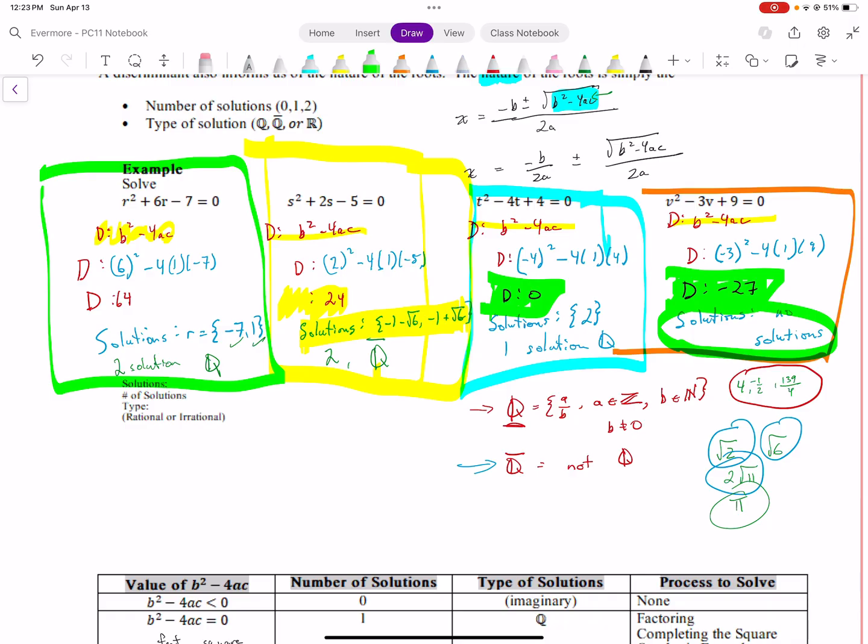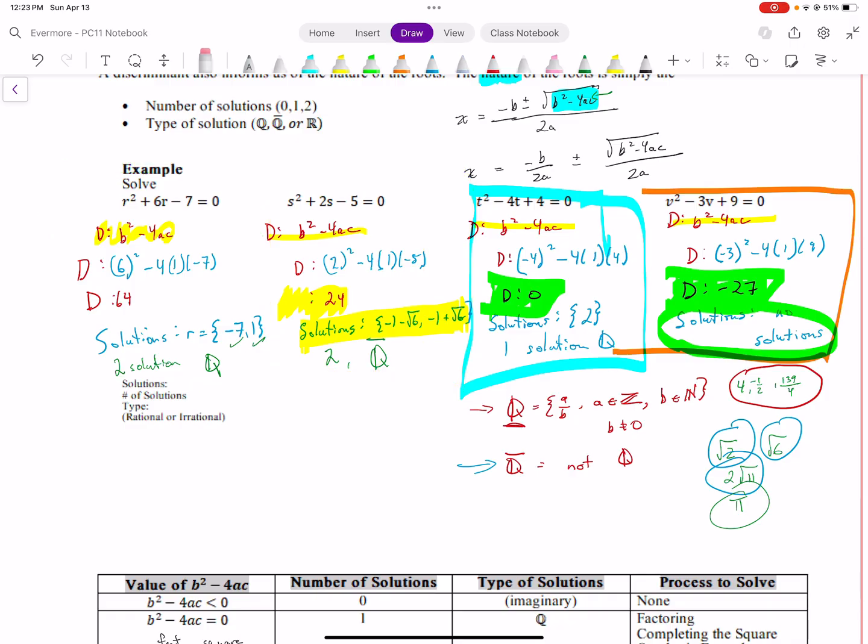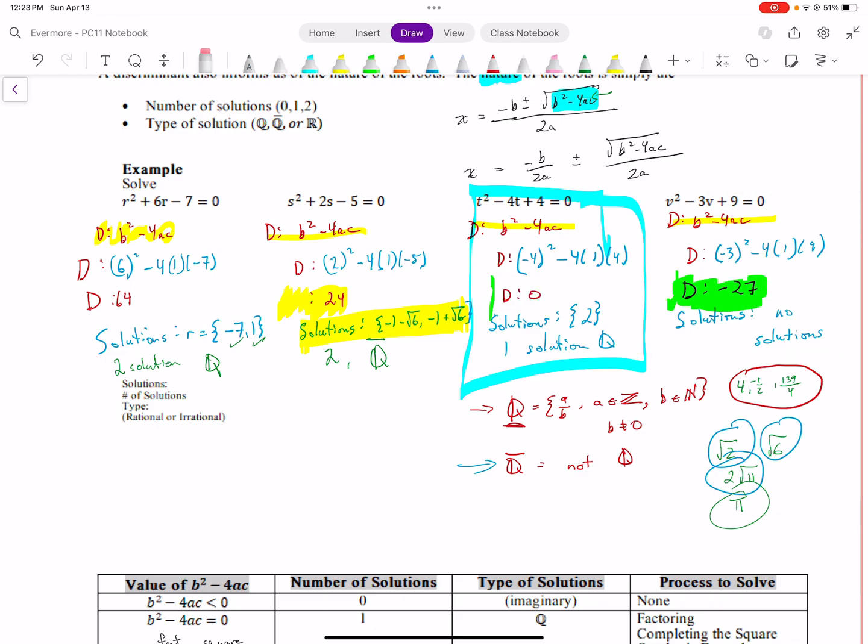Well, let's go all the way back and try to make sense of what's going on. Now, I'm just going to go all the way back to the quadratic equation. x is equal to negative b plus or minus the square root of b squared minus 4ac, over 2a.